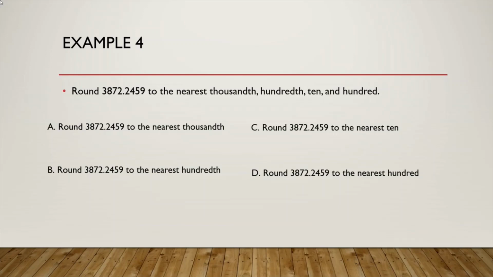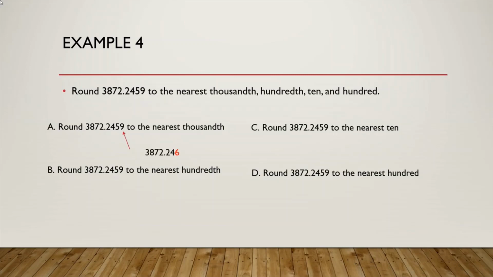So we're going to look at different ways to round 3,872 and 2,459 10,000ths. So letter A. If you want to round to the thousands place, you look at the 10,000ths. If it's 5 or larger, you round up in the thousands place. Now, when you round, it's either going to stay where it's at, or it's going to go up.